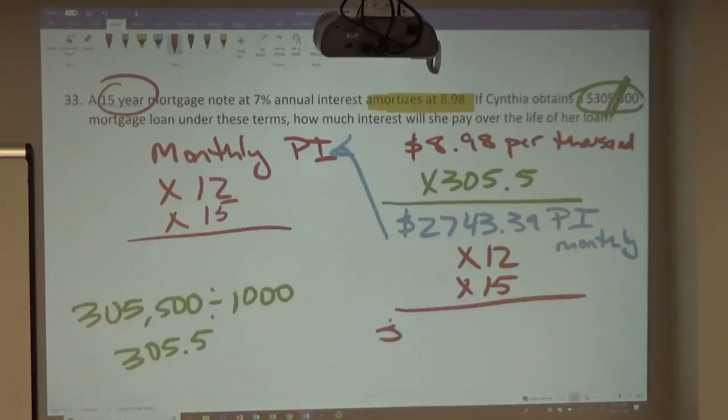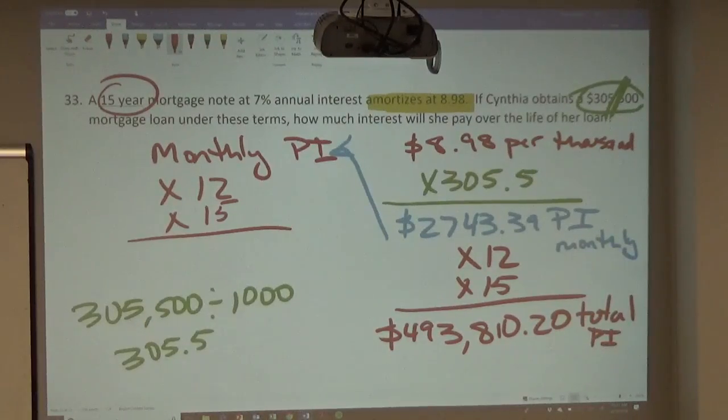And that's $493,810.20 in total PI, principal and interest. But they want to know just how much interest. That's their question. So to get just the interest, we need to subtract out the original loan balance, which is $305,500.